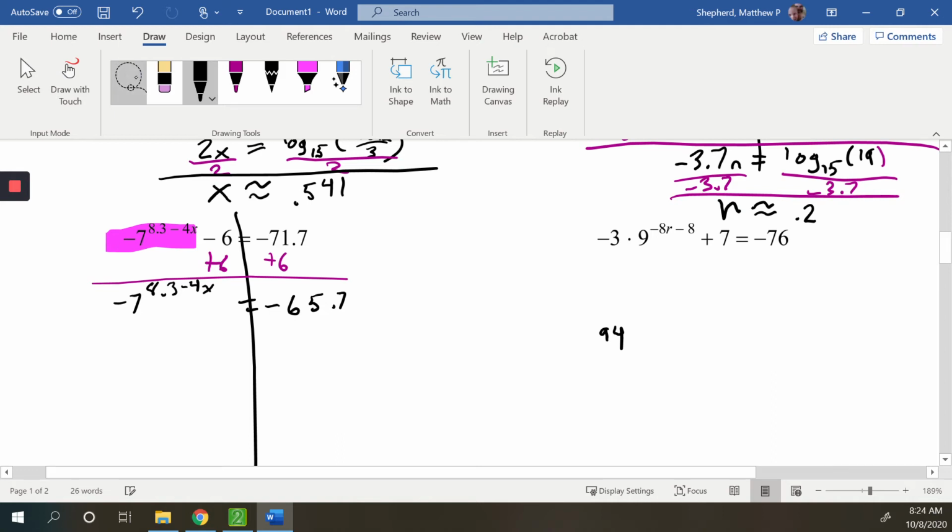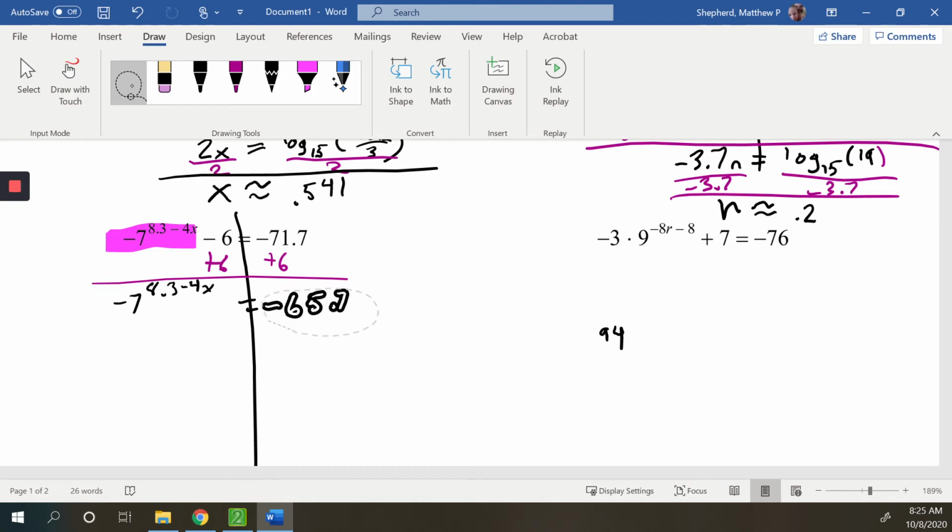Okay, and now we'll do our log of both sides. So we're going to do the log of, now right here, we've got something actually interesting, and I should have noticed it before.